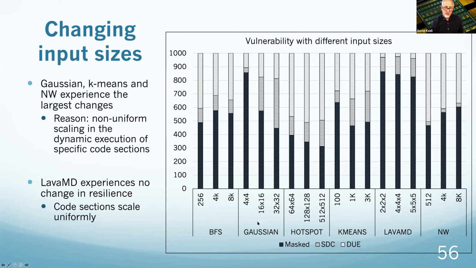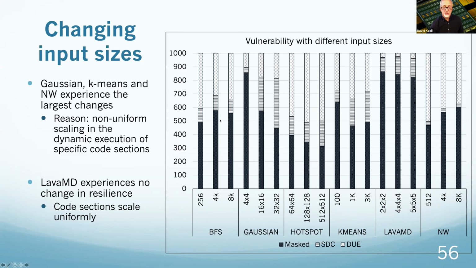Each one has a different program type. Gaussian is a matrix, Hotspot's a matrix, LavaMD is a matrix. The rest are vector. And again, we see how this profile changes in terms of masked, SDCs and DUEs.